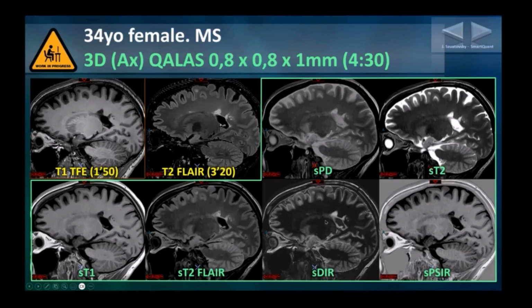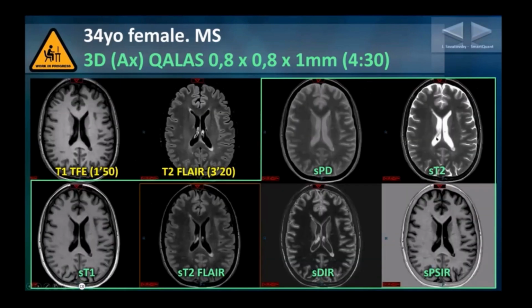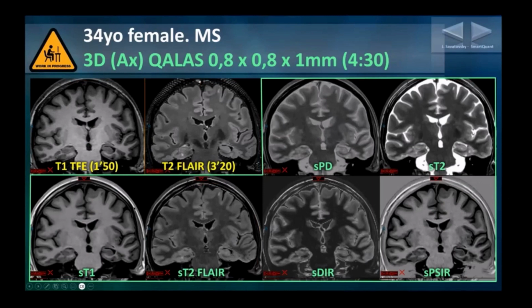You have all those additional weightings, 3D proton density, 3D T2, 3D PSR, and 3D double inversion recovery. And we can hopefully reformat this in every plane for each synthetic weighting. So it's like you have done 6 different 3D acquisitions and can see them and use them to help you confirm whether the MS lesion is there or not. And you can absolutely reformat it in every plane.